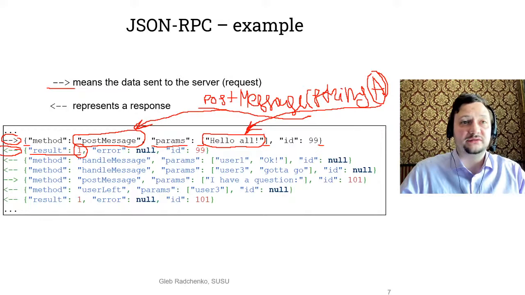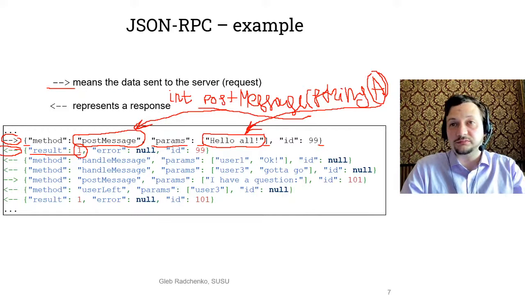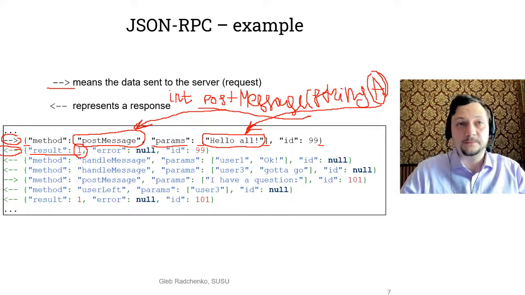That means that I think this method had a return parameter of integer. We could think about how it can be interpreted, but it is possible that the method would return 1 if the message was successfully posted. So we get a result 1, and we would understand that our message was successfully posted.